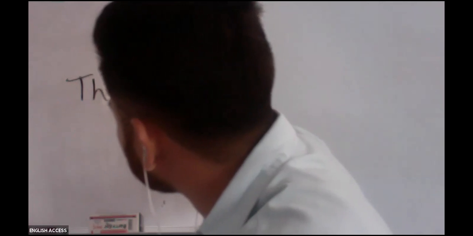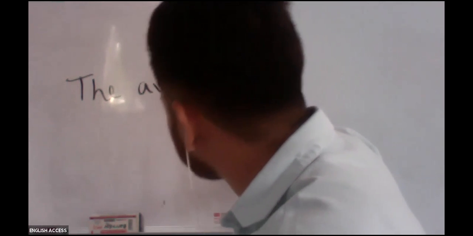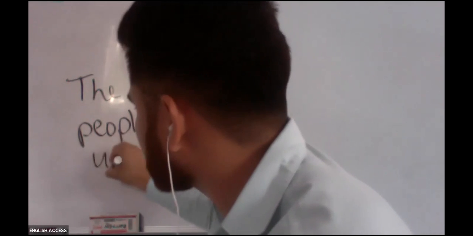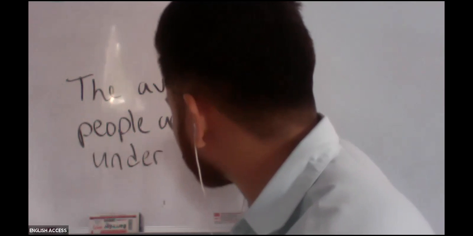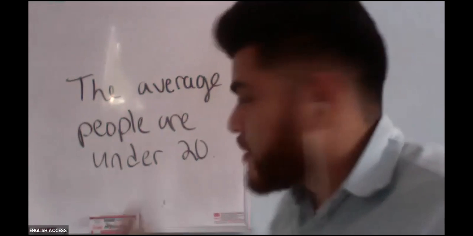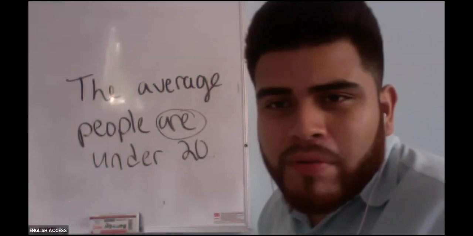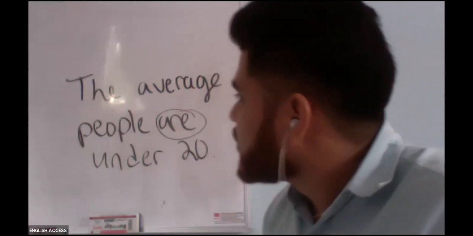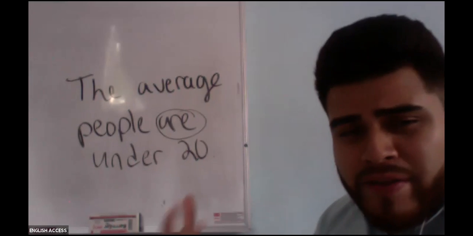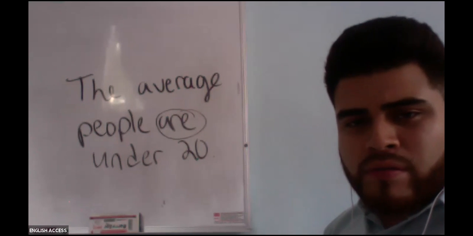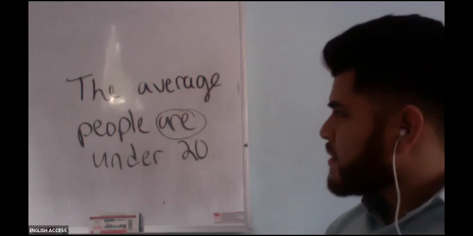The average people are under 20, right? There is no verb. Yes, we have the verb to be, but we can't use the verb to be in the passive voice. We need to have another verb. Do you have like another sentence, Ismail? I only write this. You only write that? Okay.